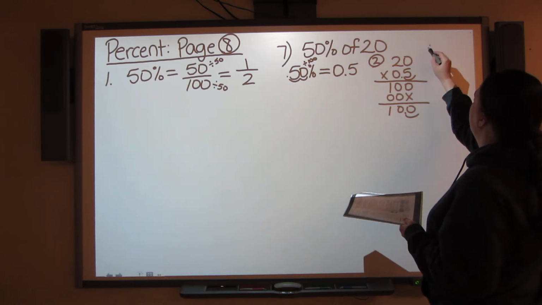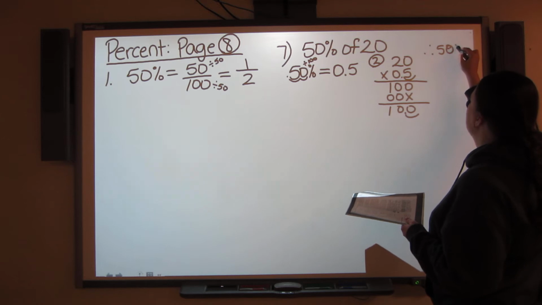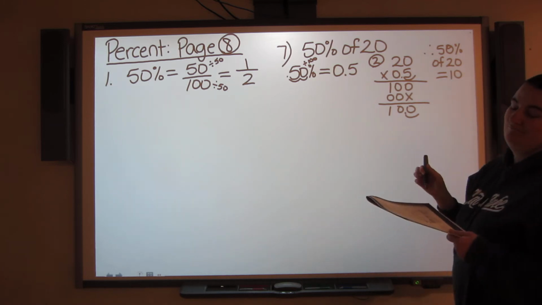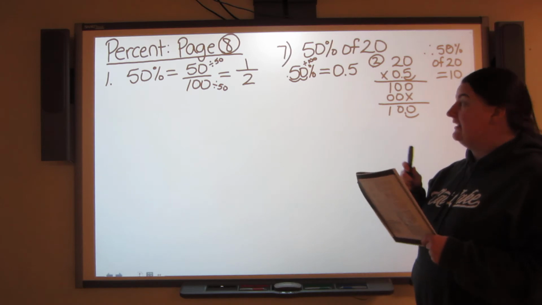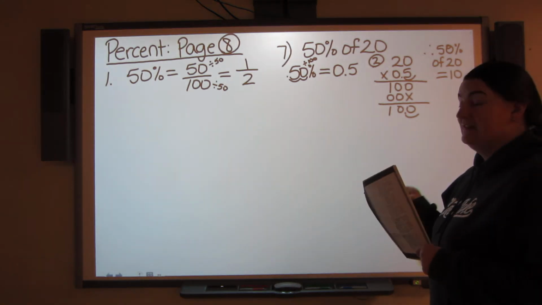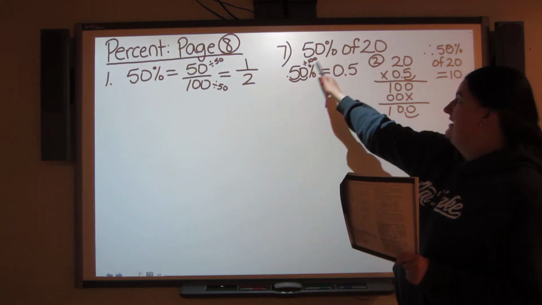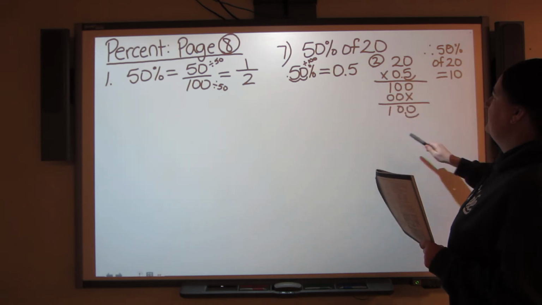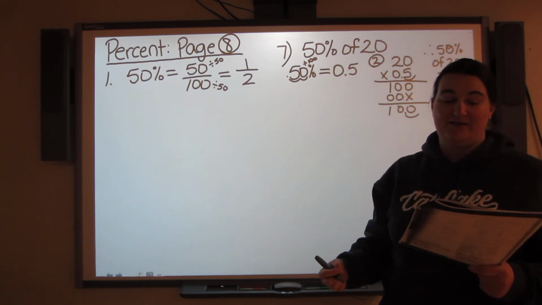No. Therefore, 50% of 20 equals 10. So for number 7 all the way to number 14, that's how you do it. You do your usual steps of finding the percent of a number. Change your percent to a decimal by dividing by 100. Multiply that decimal with the number and write your little therefore answer line.